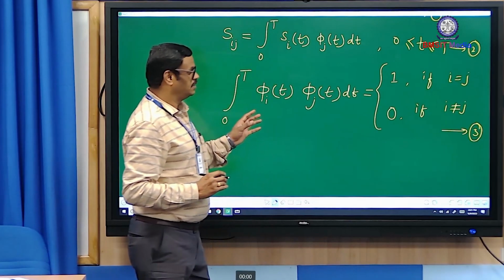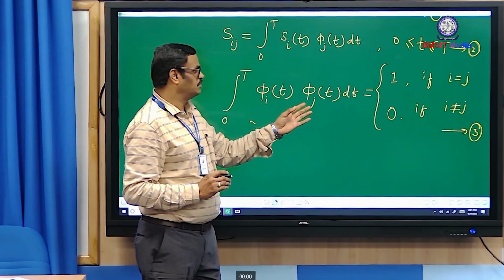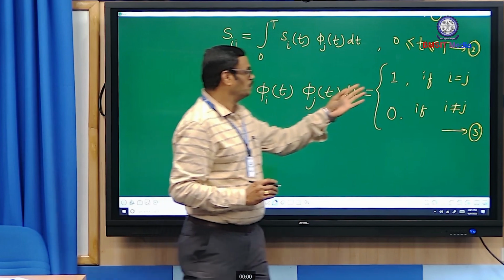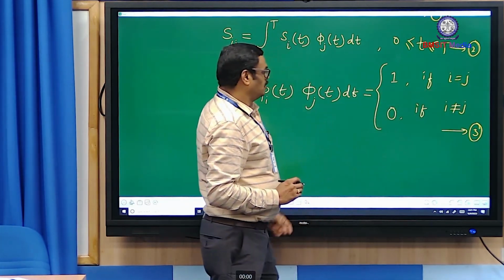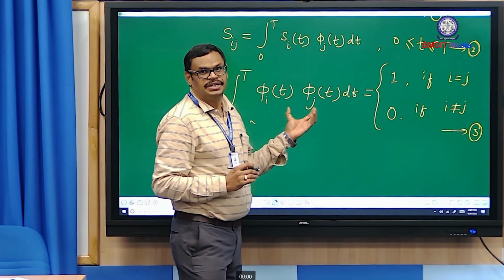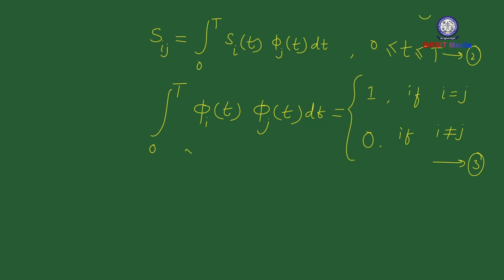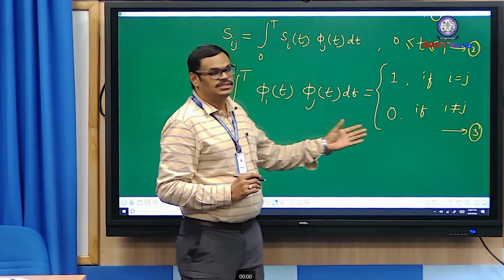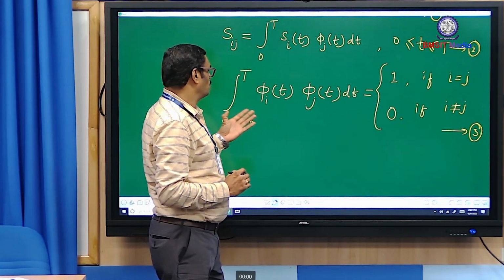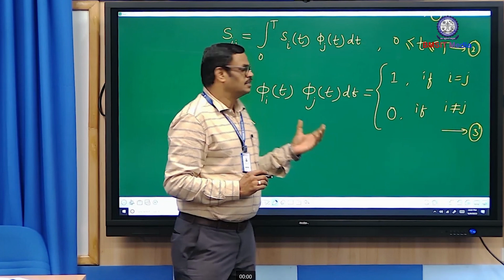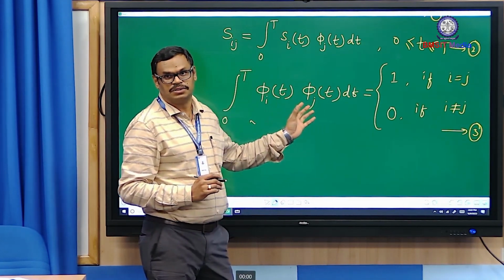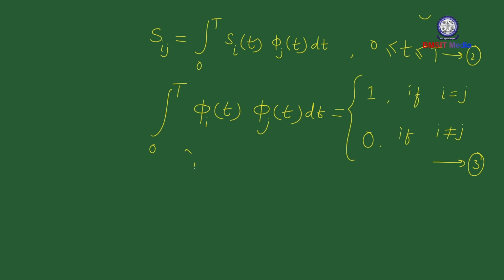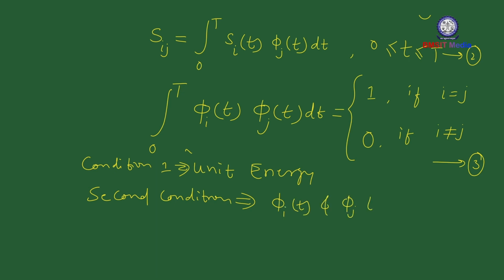The first condition of equation 3, that is, phi i of t into phi j of t dt over the interval 0 to T will be equal to 1 if i equals j, tells us the basis functions have unit energy over the interval 0 to T. And the second condition, that is, i is not equal to j, so their product is 0 over the interval 0 to T. That indicates that these two orthonormal basis functions are orthogonal to each other. So the first condition talks about the unit energy, and the second condition talks about phi i of t and phi j of t being orthogonal to each other.